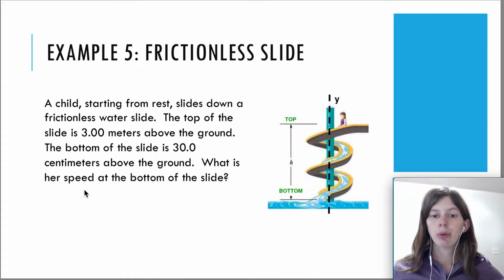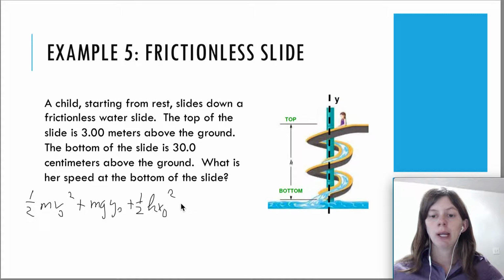So then we're going to write down the conservation of energy equation. 1/2 mv initial squared plus mgy initial plus 1/2 kx initial squared. And really, you don't have to write that third term if there's no spring in the problem. I'm just writing it to be complete here so that it matches up with the equation I showed you on the previous slide.